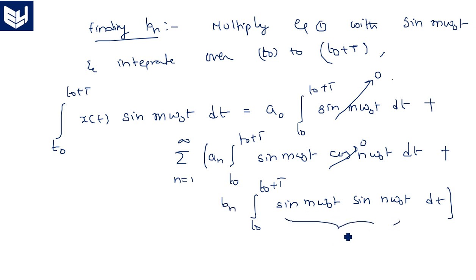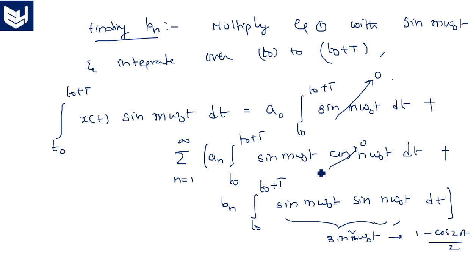Again we can simplify this as sine square m omega naught t. So how to write sine square m omega naught t? 1 minus cos 2a by 2. So again if you integrate this, then you will get t by 2 as the answer, because the second term goes to 0.